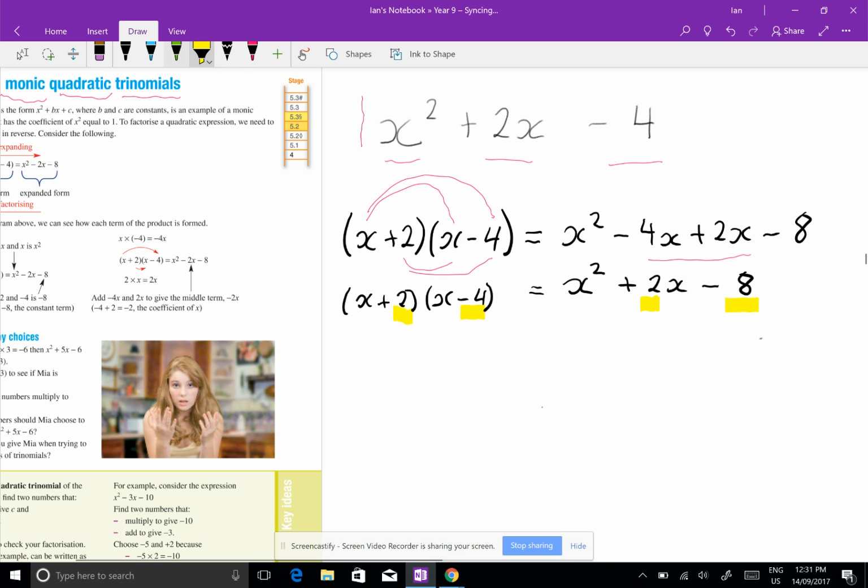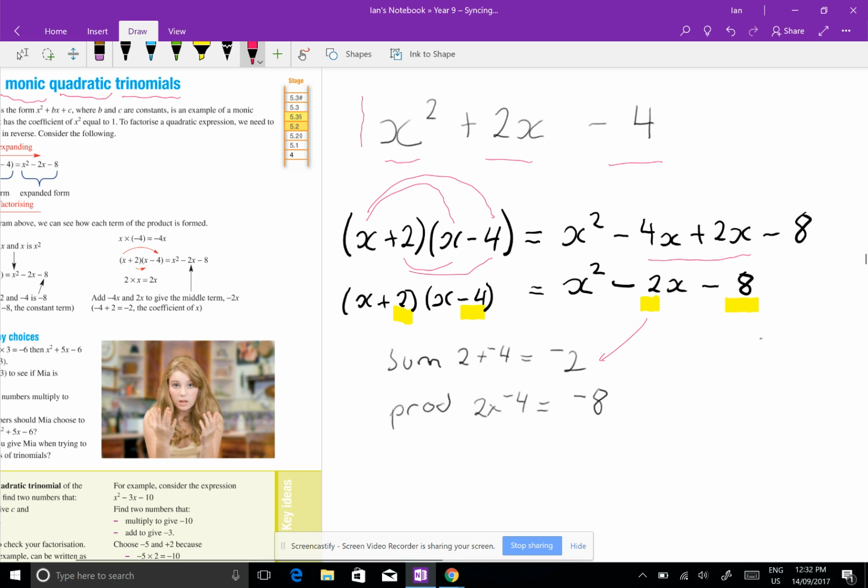If I add them together, 2 and minus 4, I get minus 2. And straight away you can see I've made a mistake, because that was minus 2x. And if I find the product, if I multiply them, 2 times minus 4, I get negative 8.